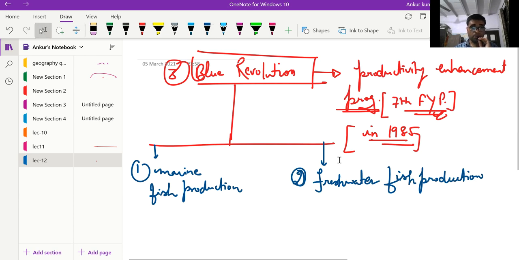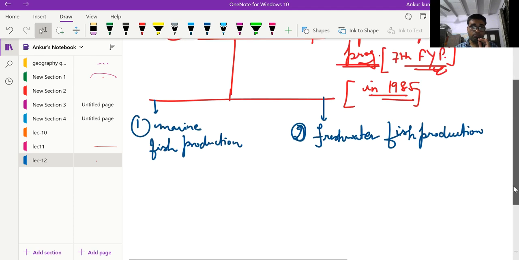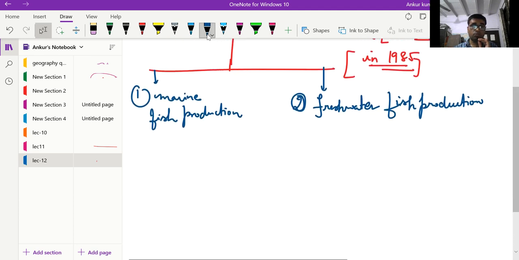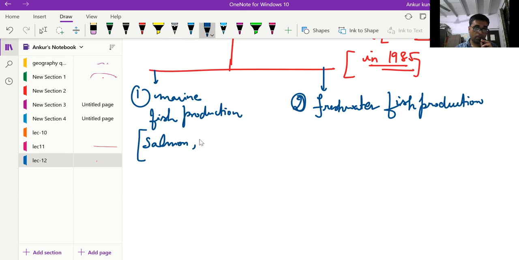Okay, in the marine fish production, our main focus was on the species of fish like salmon, catfish, sardine. So these were the main focus, these species of the fish.